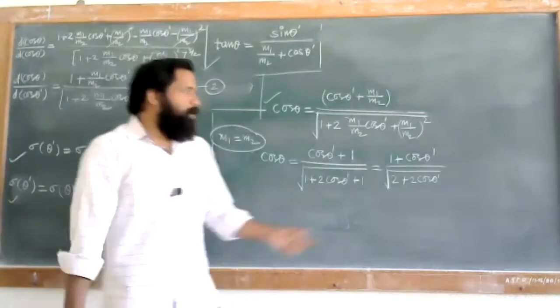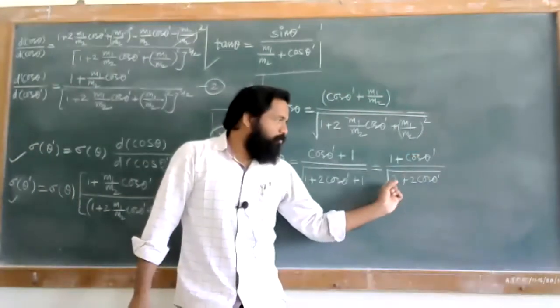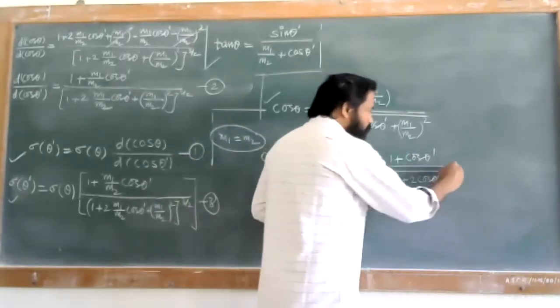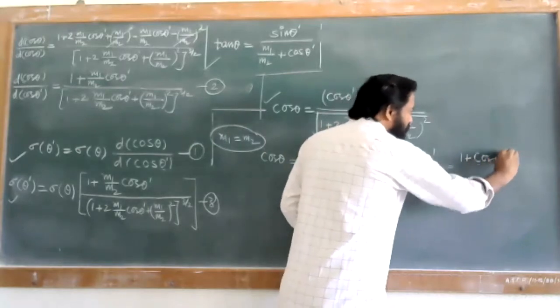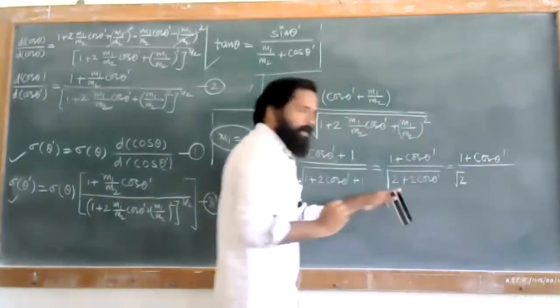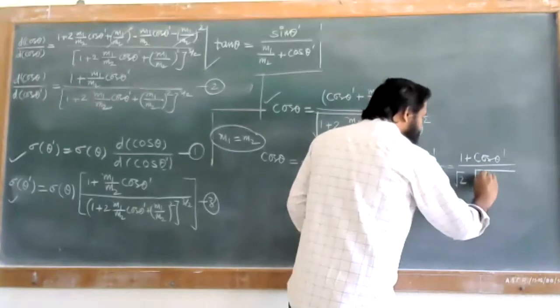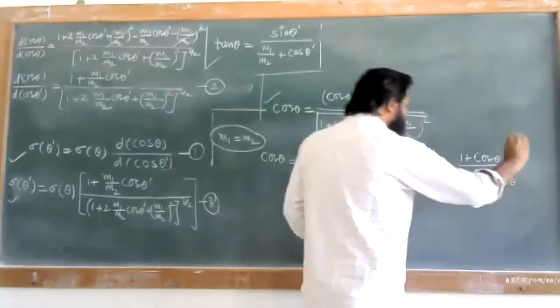Now the numerator is 1 plus cos of theta dash, and the denominator is the square root of 2 plus 2 cos of theta dash. So I can take the square root of 2 outside and write this as 1 plus cos of theta dash, divided by root 2, that is taken out, into the square root of 1 plus cos of theta dash.